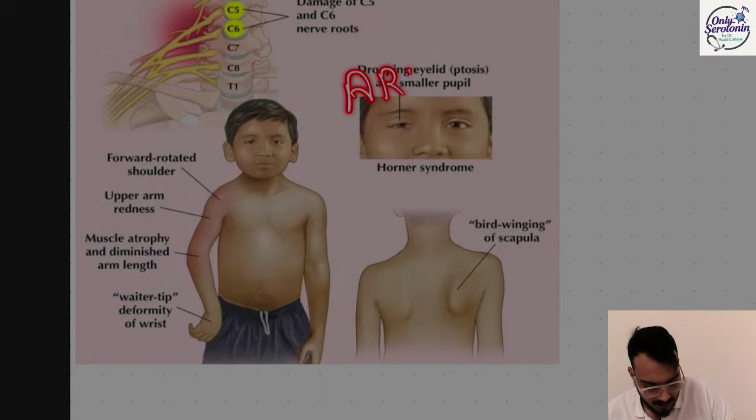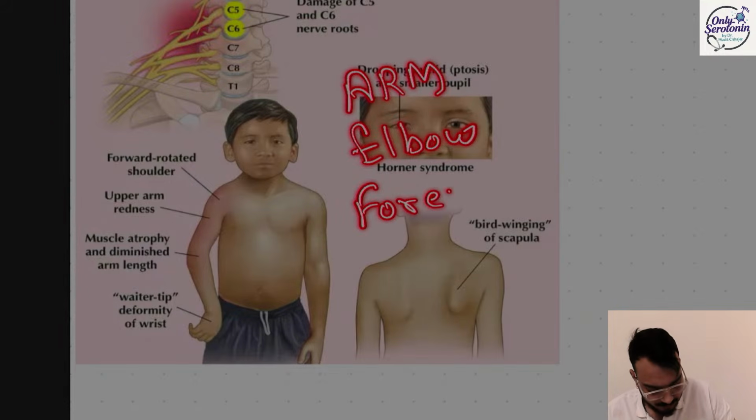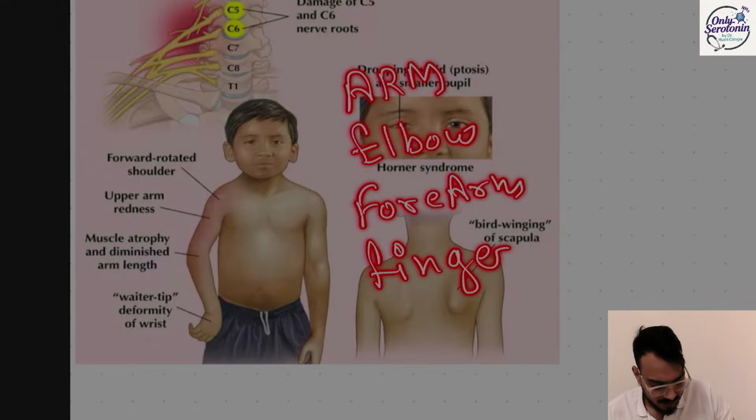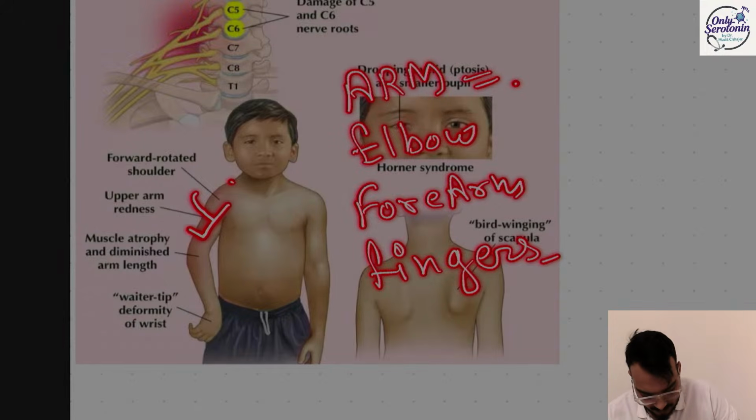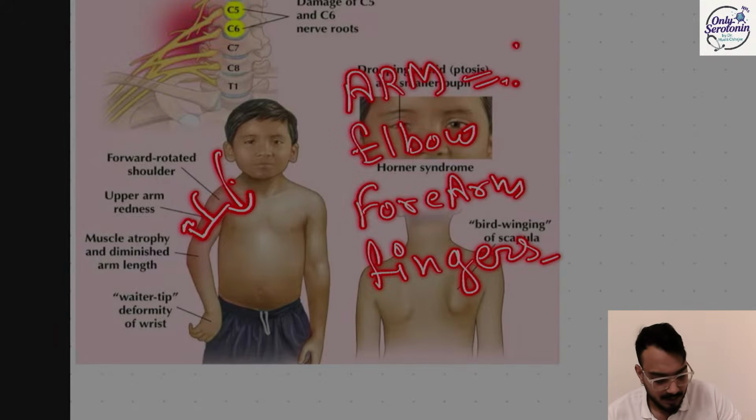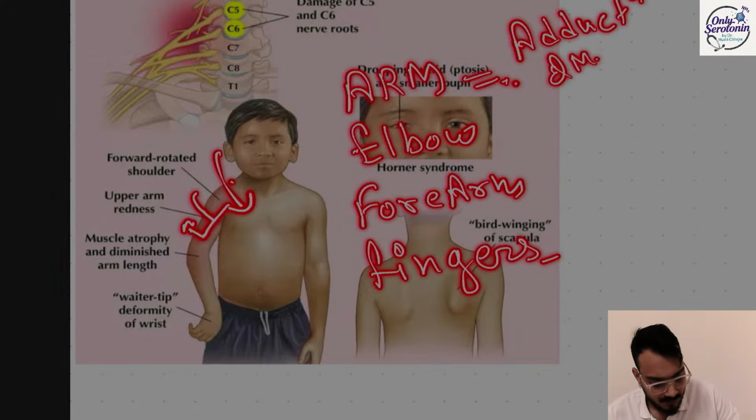First of all, we are going to see the arm, then the elbow, then the forearm, and the last one is the fingers. So can you see this arm, guys? The arm is adducted and medially rotated. So the arm is going to have adduction and medial rotation.